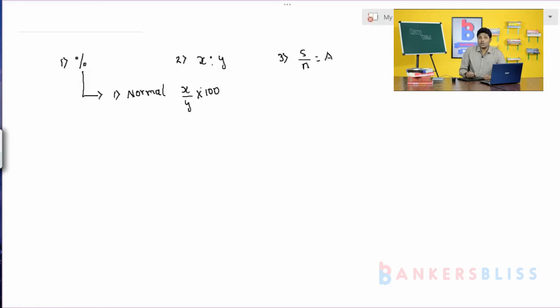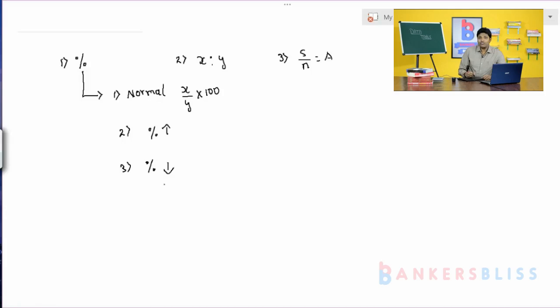Second one is percentage increase: x is how many percentage more than y, or when compared to y, x is increased by how much. Third variety is percentage decrease: how much percentage is decreased when compared to the previous year?